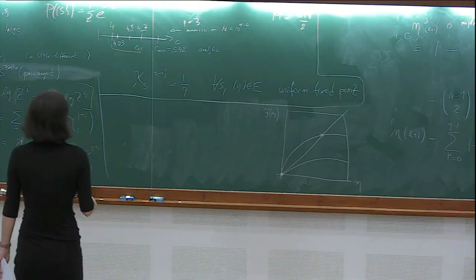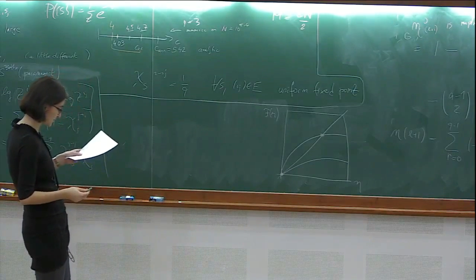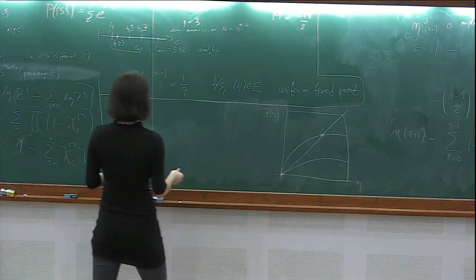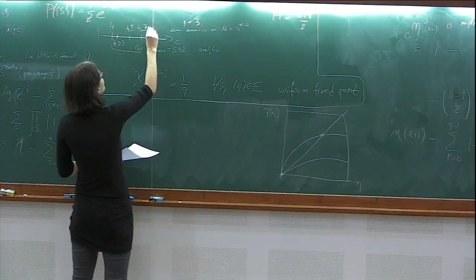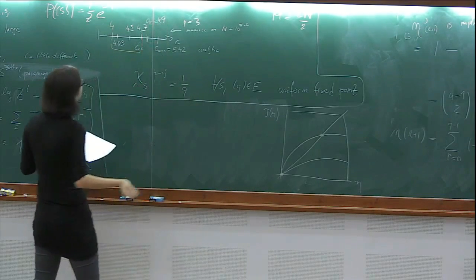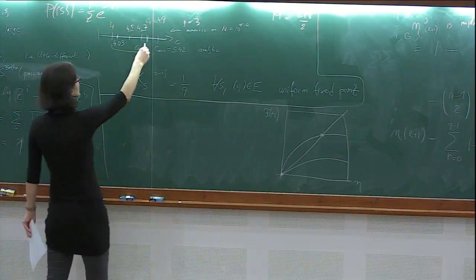Okay, so what are the results? So let's go back to our 3 colors. So for 3 colors, the critical degree, so I will call it CR, is somewhere here. CR is something like 4.9. Okay. So it's not giving anything interesting.